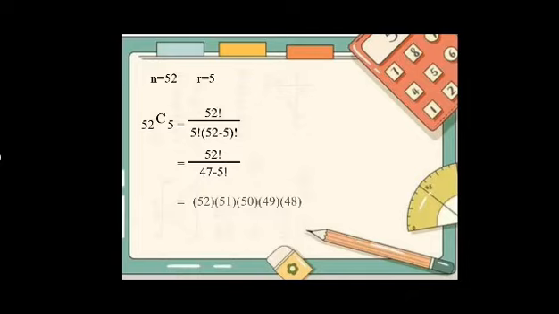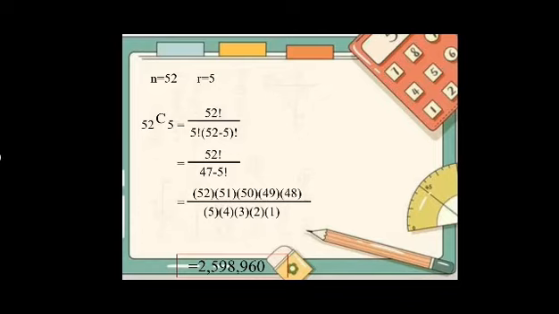The total of this is 299,880,000 over 5 times 4 times 3 times 2 times 1, which is equal to 120. And now we're going to divide 299,880,000 over 120. And now the answer is 2,598,960.